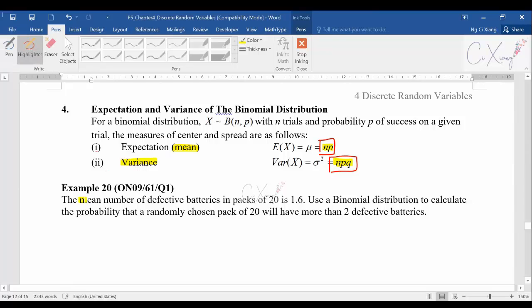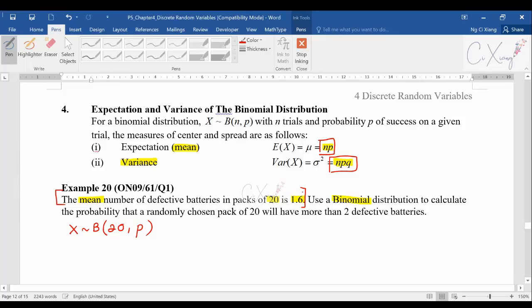Here they said the mean number of defective batteries in a supply of 20 is 1.6. So the mean is 1.6, and they already tell you it's binomial distributed. Calculate the probability that a randomly chosen pack of 20 will have more than 2 defective batteries. First, settle this part. It is binomial distributed, so n is 20, but p you don't know.